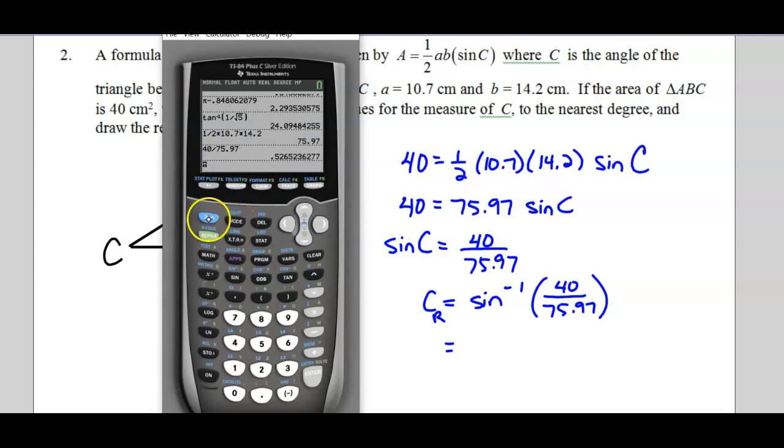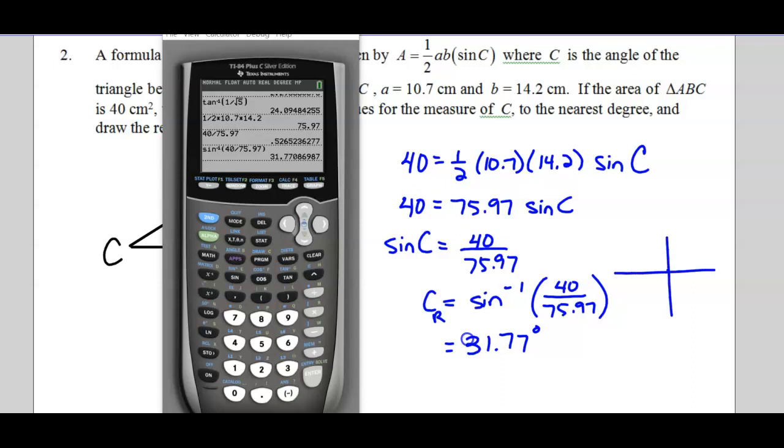So, second sine, 40 divided by 75.97. I'm going to just show a couple of decimal places to start. So there's my 33.77.